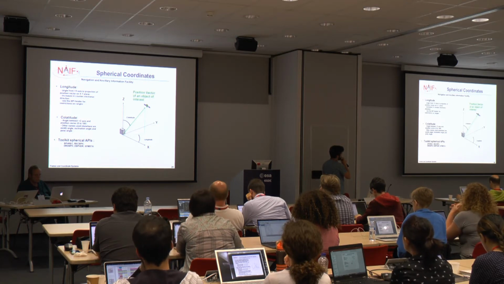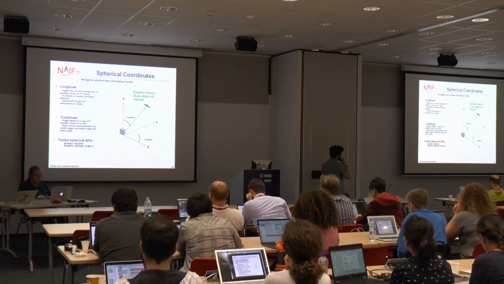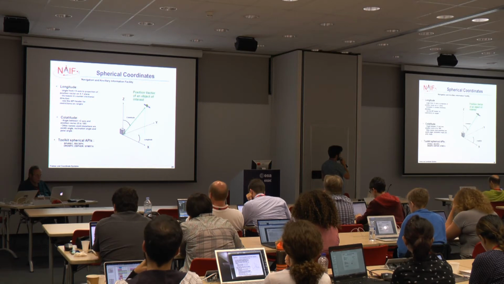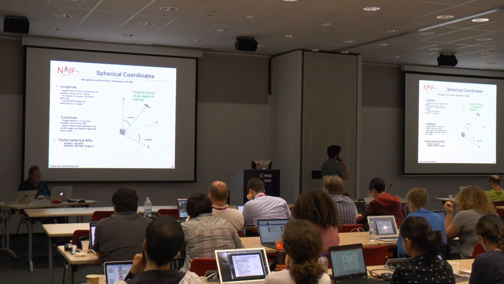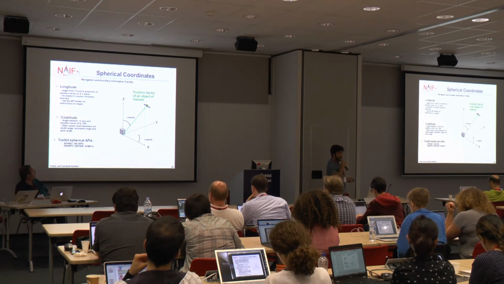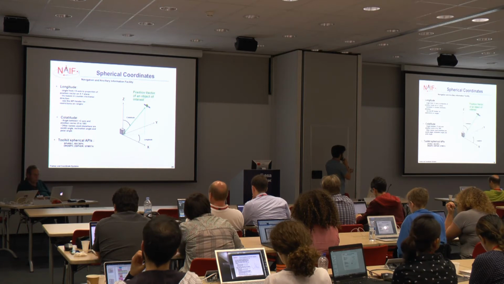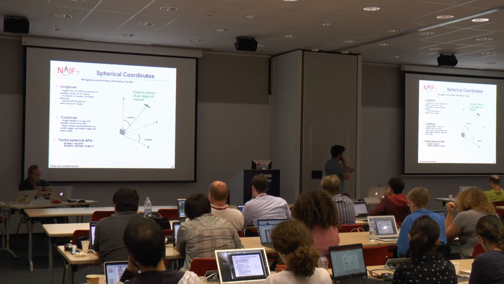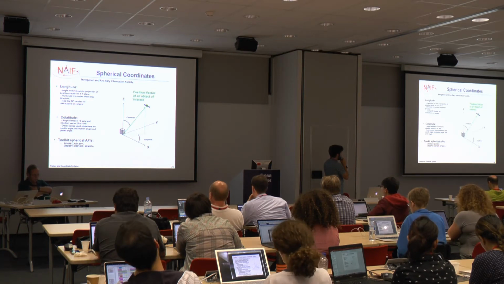Colatitude, okay, is from 0 to 180, and it's the angle in between the z-axis and the position vector, okay? There are other names for colatitude, such as zenith angle, inclination angle, and polar angle. And we have a bunch of spherical APIs: SPHREC, RECSPH, DRDSPH, DSPHDR, XFMSTA.